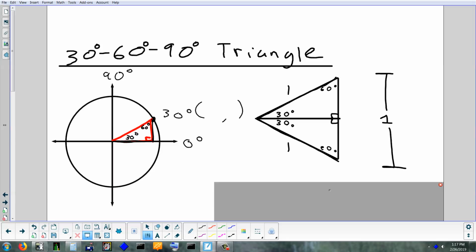Why would each one be a half? Because they're equal. We made a mirror image of that triangle, so those two sides are congruent. They have to be the same, and they have to add up to 1. So the only way they can be the same and add up to 1 is if they are both a half.